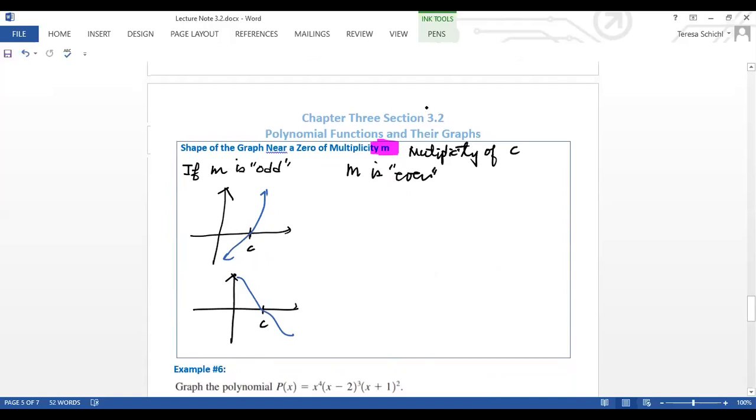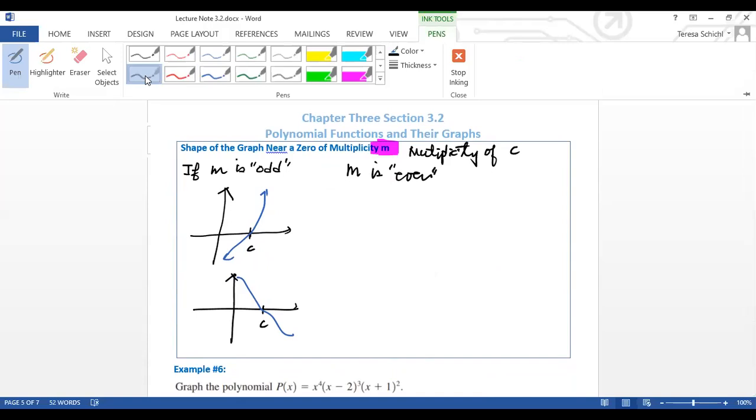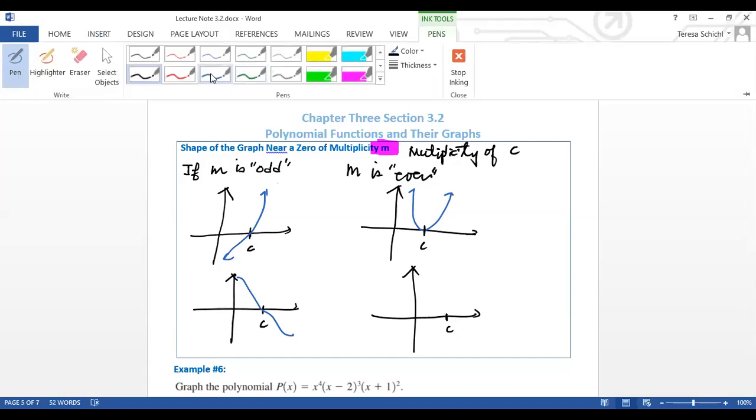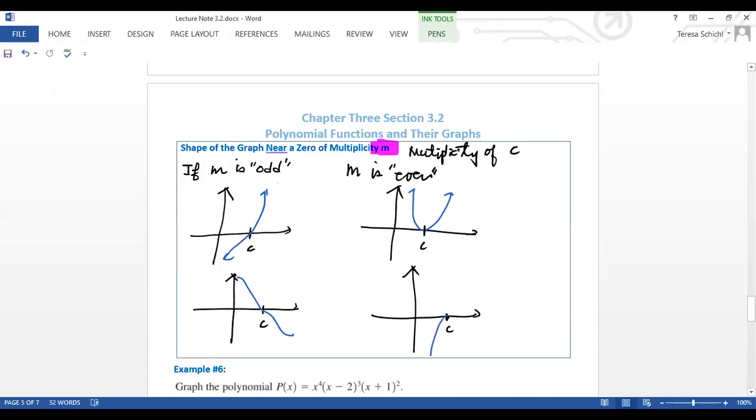It's going to be tangent to the x-axis. That means you're going to touch it. So if this is your C, that means your graph has to touch it. Of course, which way it goes depends on the leading coefficient.